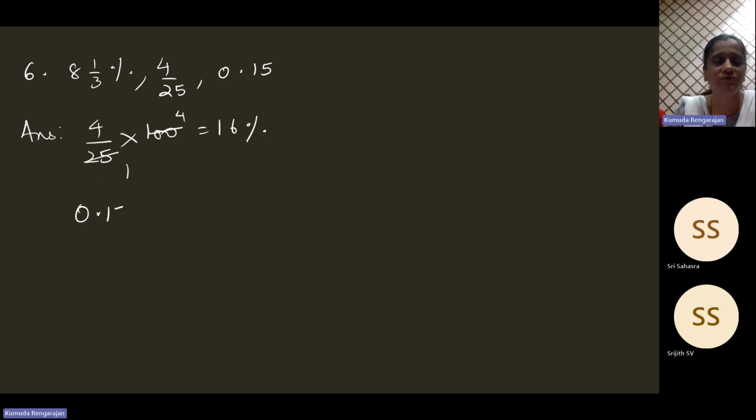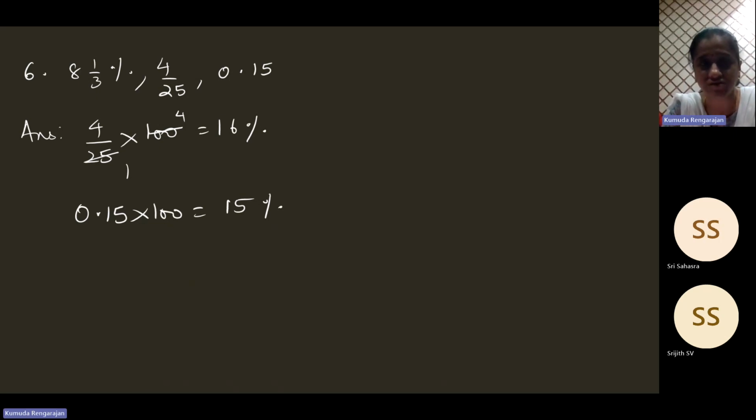Next, 0.15: multiply by 100, so 15%. Whether it is a fraction or a decimal, to convert to a percentage you multiply by 100.